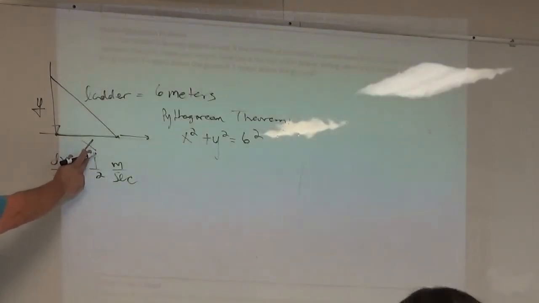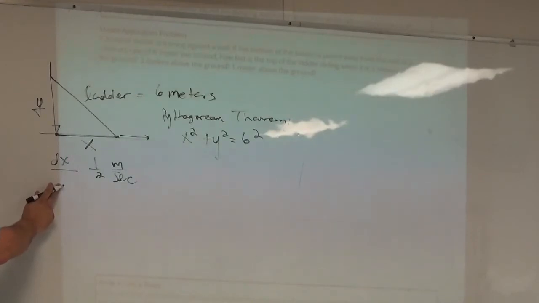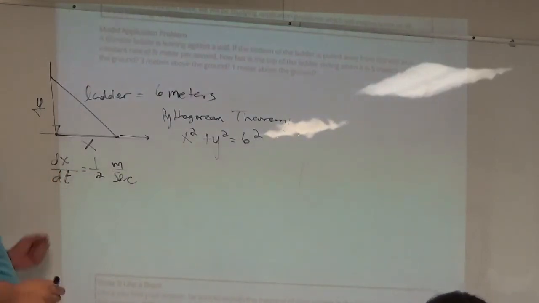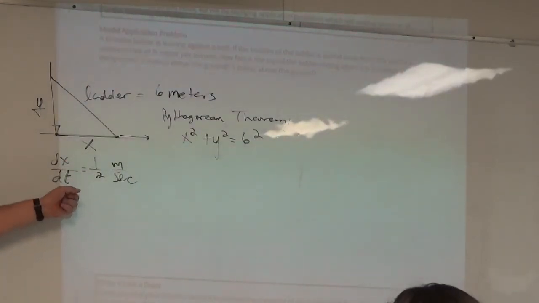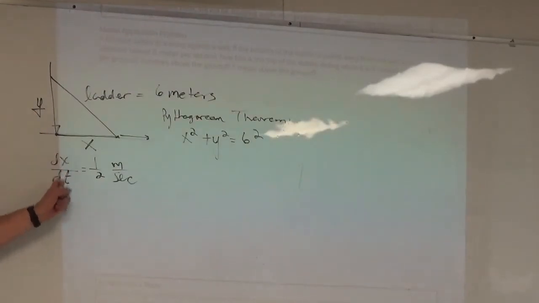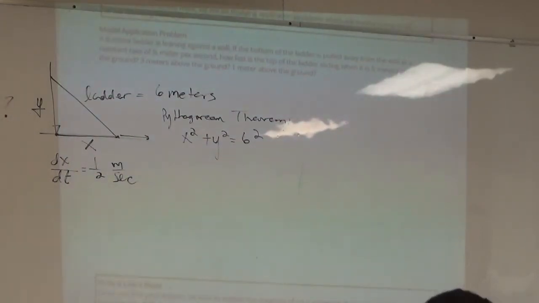It's how x changes. What am I comparing it to? Not dy. dt. I'm looking at how the x value changes with respect to time. dx/dt is going to be a half of a meter per second. What I want to know is dy/dt. I don't know what dy/dt is going to be.